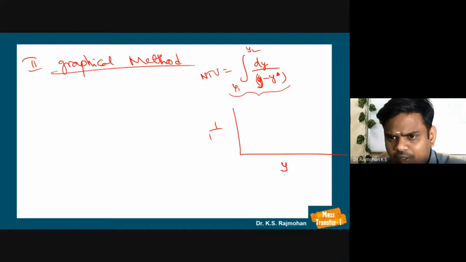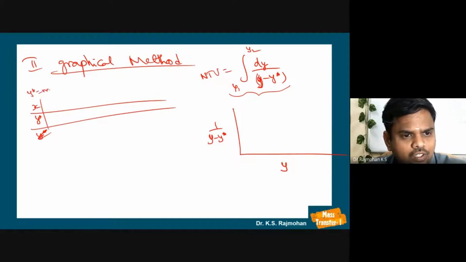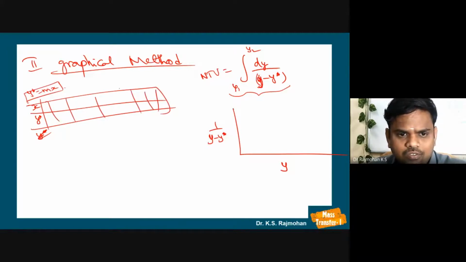So if you plot y versus y minus y star, we will have equilibrium values. We will have x values, y values, and y star values also. For x versus y star, you will have Henry's law constant like that, y star equal to mx. So we can always determine the values for x versus y within the range of x1 and x2.